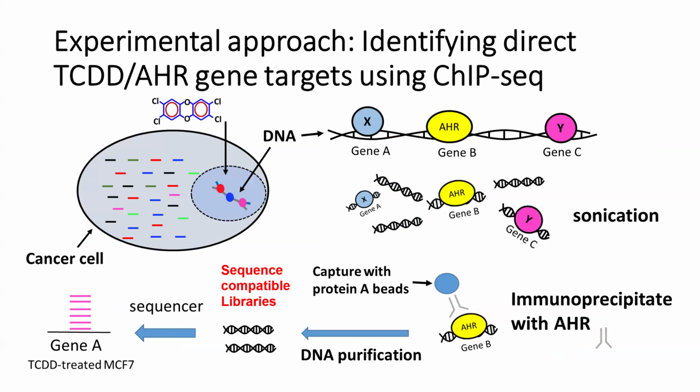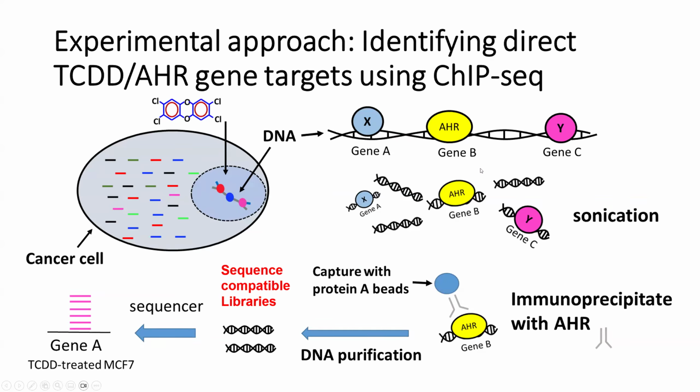Now, you can get at that question depending on what you're investigating. We were interested in a ligand-activated transcription factor, the aryl hydrocarbon receptor. What that means to us is that we can actually identify direct AHR target genes by using an approach known as chromatin immunoprecipitation. What this does is it freezes proteins to DNA because you fix them in formaldehyde.